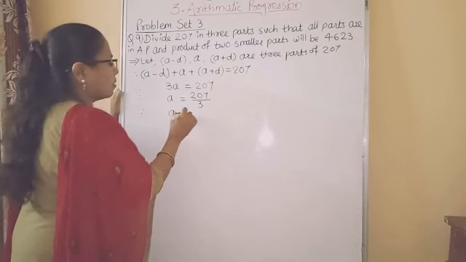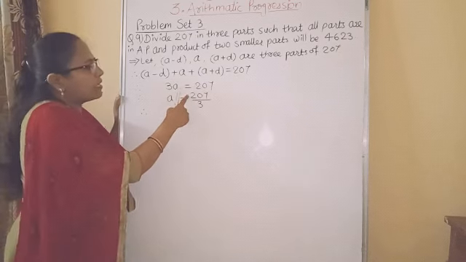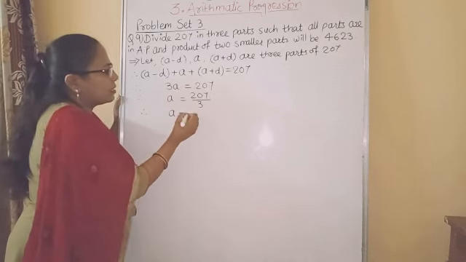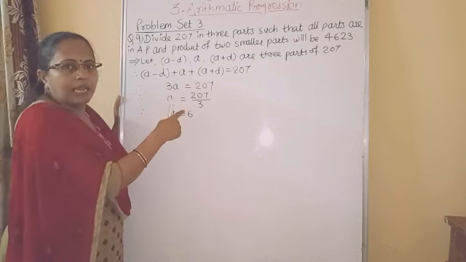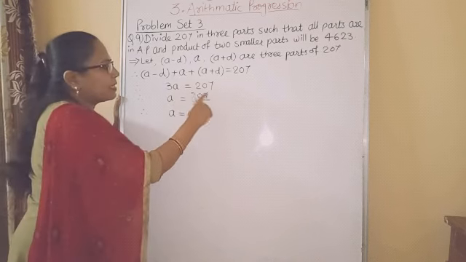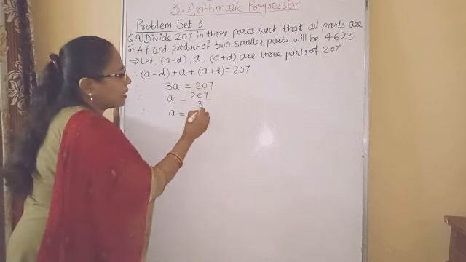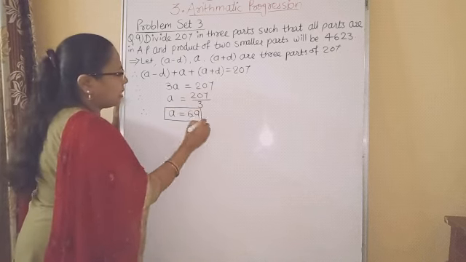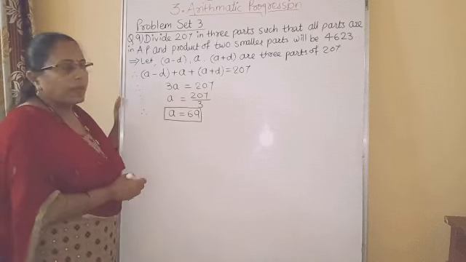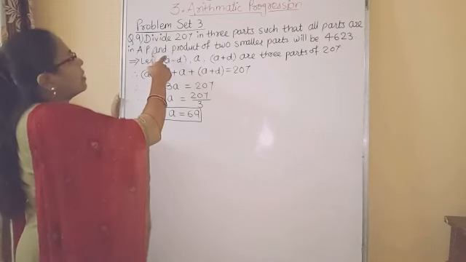Therefore, A is equal to, first we will divide 20 by 3. 3 6 are 18. 20 minus 18 we will get 2. Then carry this 7. We will get 3 9 are 27. So, A is equal to 69.